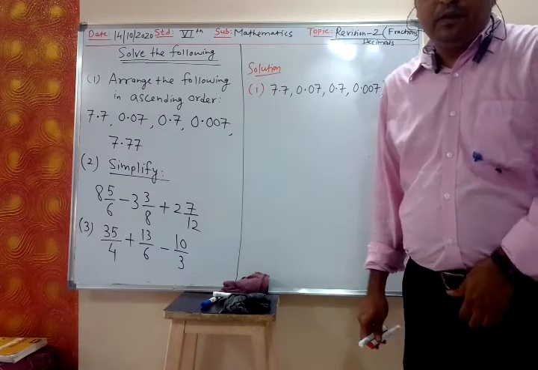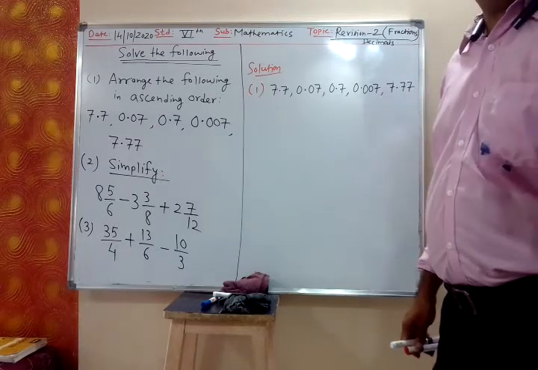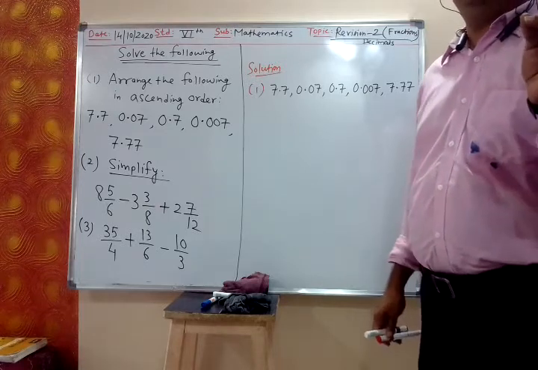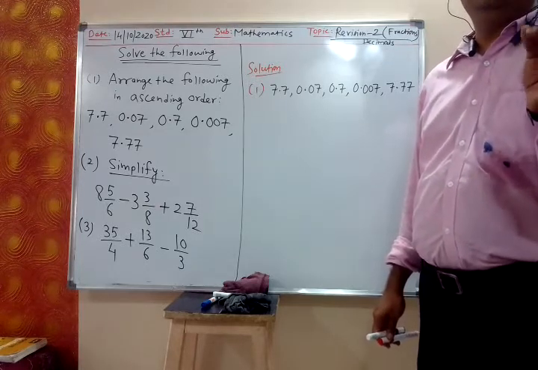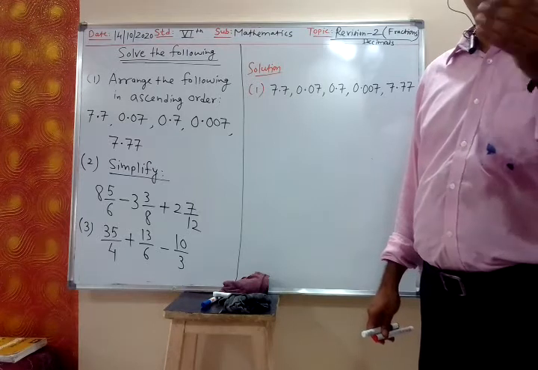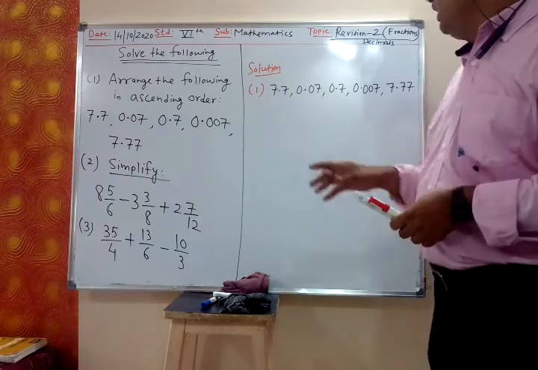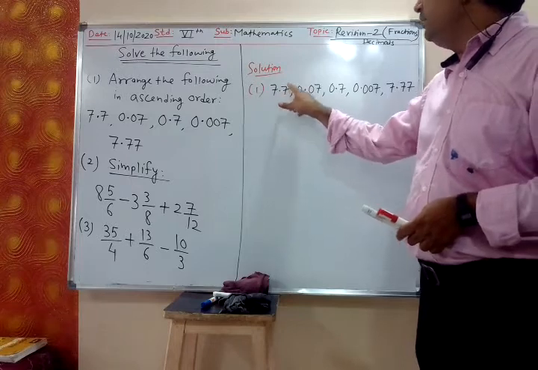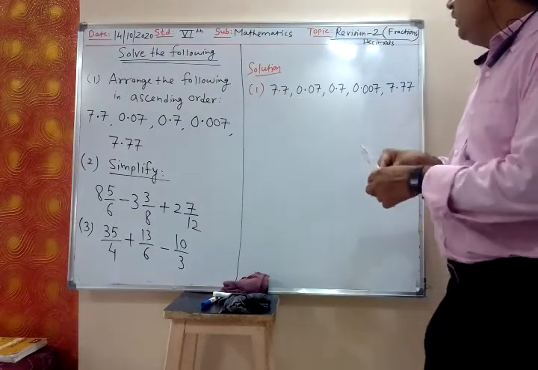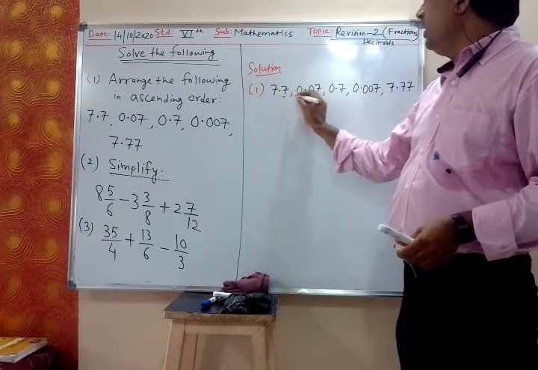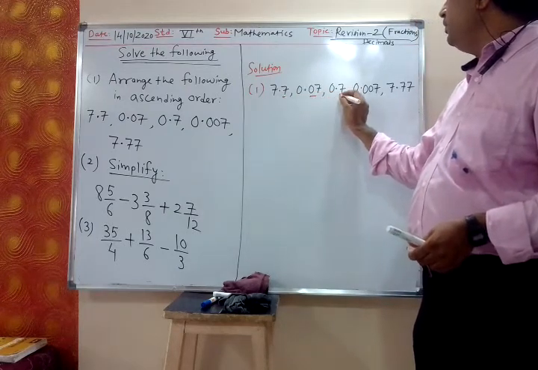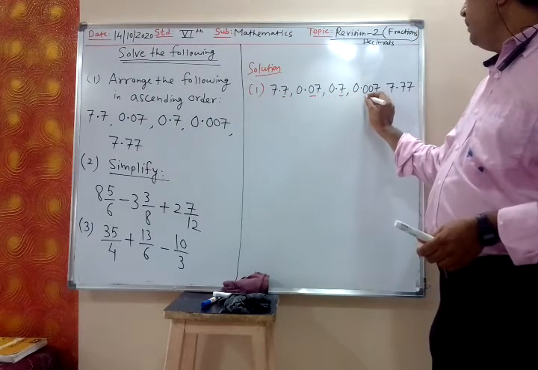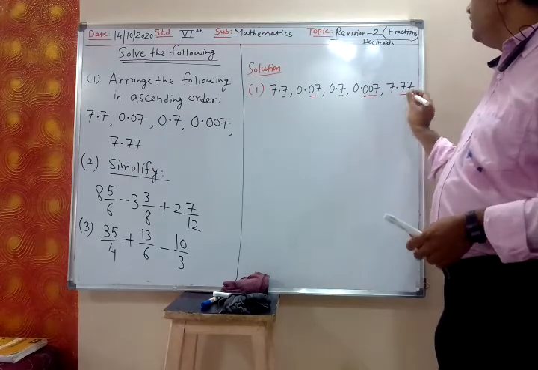To arrange the given decimals in ascending or descending order, first I have to convert them into like decimals. Like decimals means after the point the number of digits should be the same. So here after the point 1 digit, 2 digits, 1 digit, 3 digits, 2 digits.